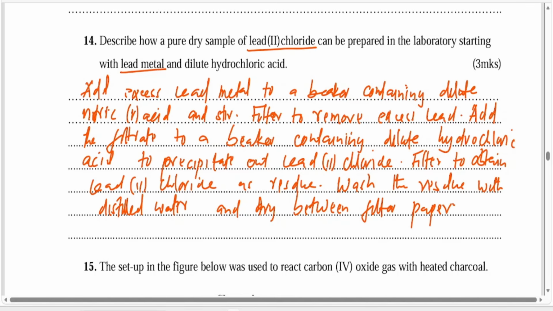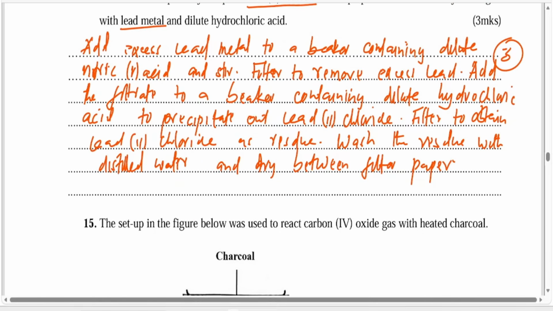So you have seen the process on how we prepare lead 2 chloride, which is an insoluble salt. We first prepare a soluble salt of lead, and then we do a precipitation reaction by reacting it with hydrochloric acid to obtain lead 2 chloride, where we then filter out and obtain lead 2 chloride residue. Then we wash and dry in between filter papers. This gives you 3 marks, explaining all the steps correctly.